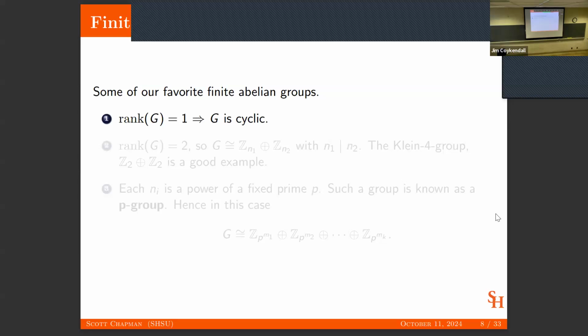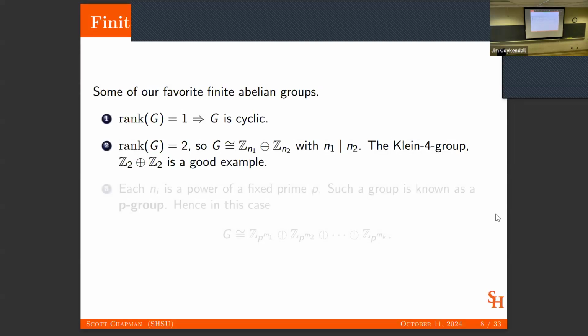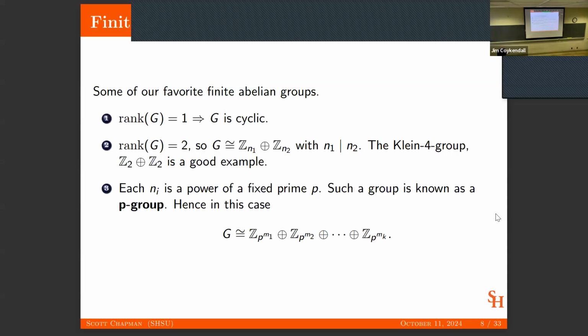Okay. Some of our favorite finite abelian groups, because when I define the Davenport constant and the cross number and start looking at it, as in almost any algebraic setting, I'm going to look at it in some fundamental situations. So what are these fundamental situations? If the rank is 1, so cyclic groups. If the rank is 2, so G is Z mod n1 plus Z mod n2 with n1 divides n2. So what's a good example of that? The good old Klein 4 group. Each ni is a power of a fixed prime.